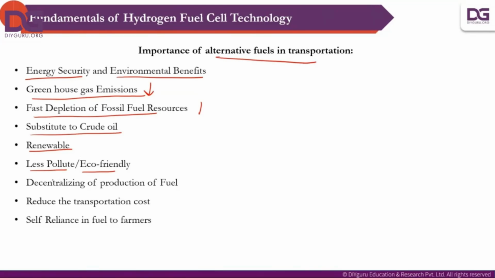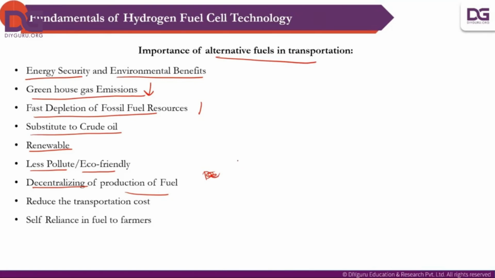Also, if we use this kind of fuel in our transportation, we can decentralize the production of fuel. Nowadays, the maximum fuel is generated mostly in Dubai, Iran, Saudi Arabia, these kinds of Arab countries.